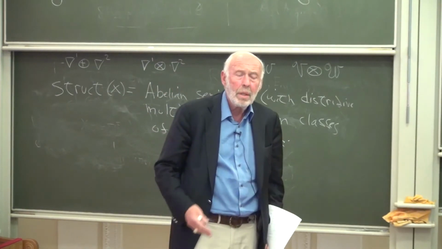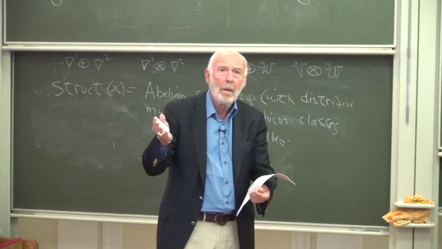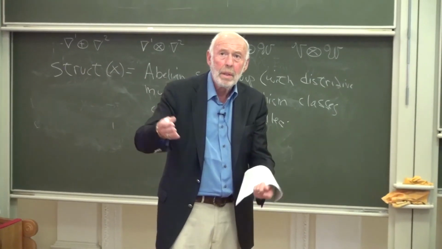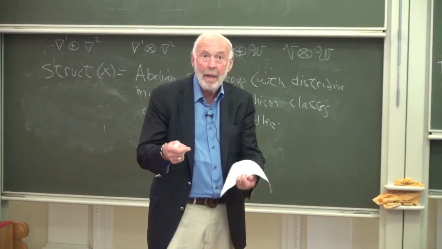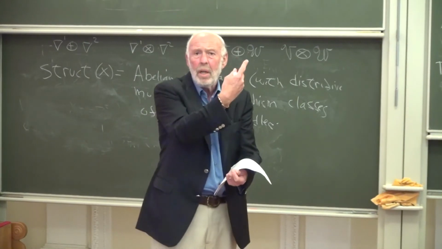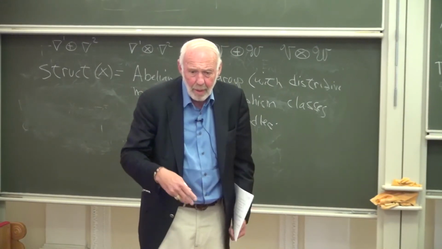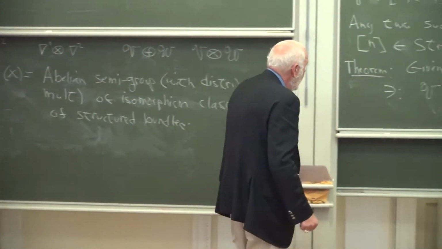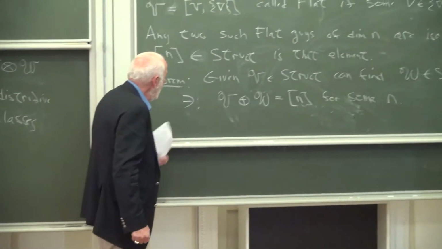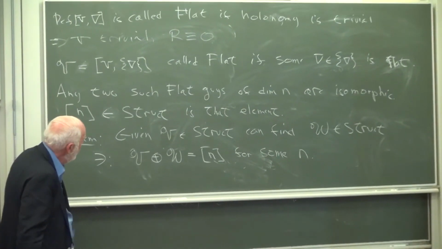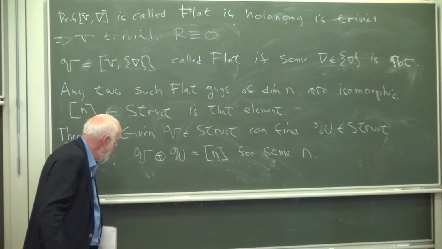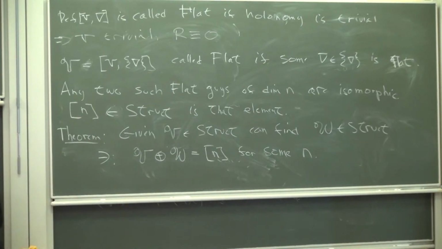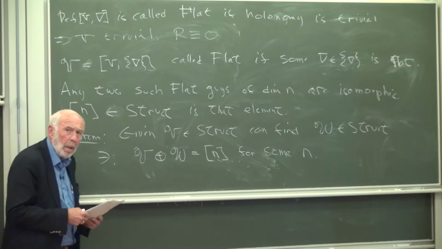The bundle is everything in the subspace, and the other bundle is the vectors in the orthogonal subspace. So it always came equipped with a nice inverse. Anyway, this theorem is true in general, and it is now completely analogous to the comparable theorem in K-theory.